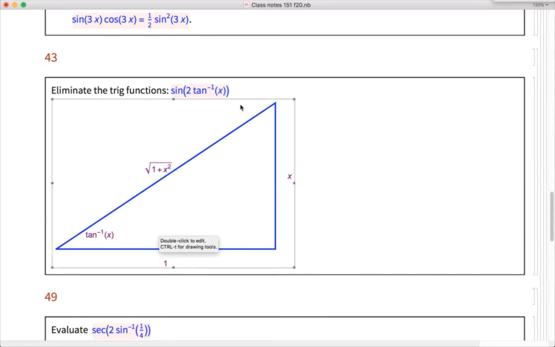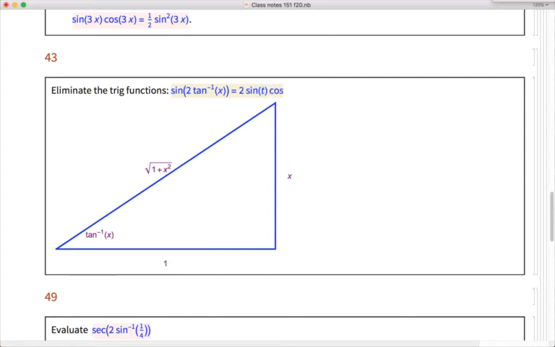Okay, so now we can use the formula for sine of 2x. Ooh, this is going to be unfortunate. I should have given that angle a name. I'm just going to refer to it as t, I guess. So this is twice sine of t times cosine of t. And then from the triangle, we read off those two values.